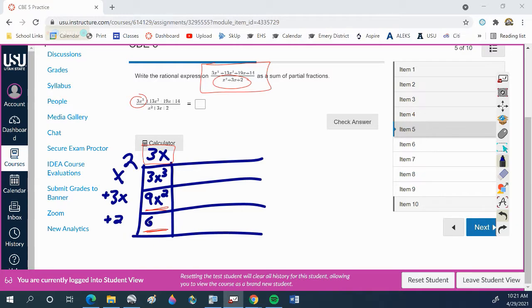6x. Now, I add a column because I'm not finished. This diagonal here has to add up to be negative 13x squared. I have 9. How many more do I need? I need 4x squared.